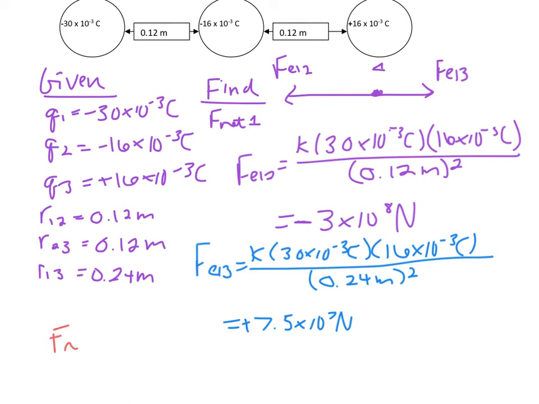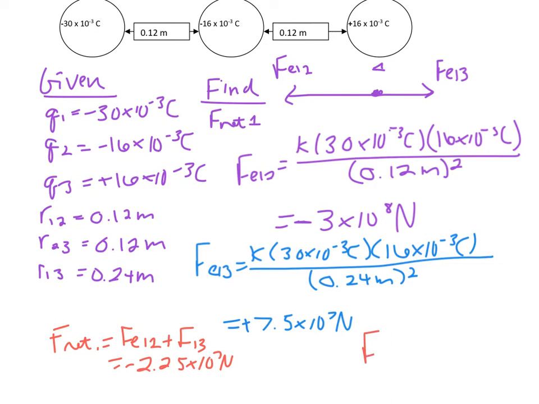To get the net force on 1, I add Fe12 plus Fe13. So that's going to be negative 3 times 10 to the 8th plus 7.5 times 10 to the 7th. And this gives me a negative 2.25 times 10 to the 7th newtons.